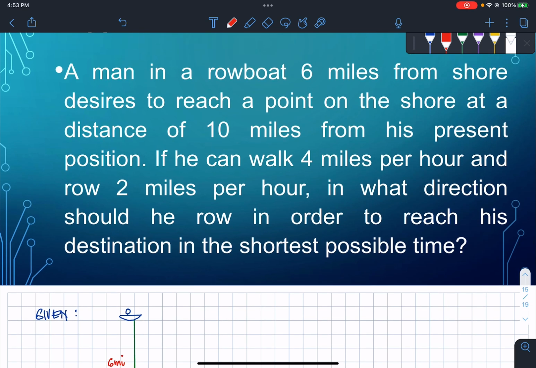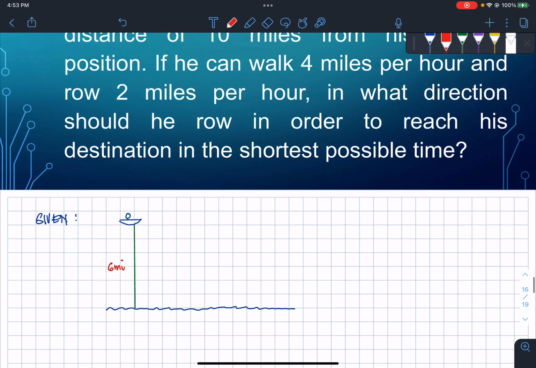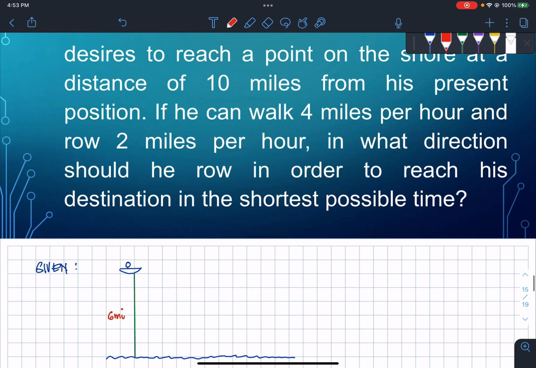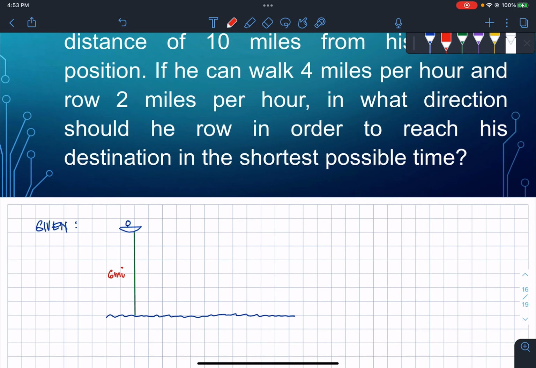And he desires to reach a point on the shore at a distance of 10 miles. Currently he's 6 miles from the shore, and he wants to reach another point on the shore, which is 10 miles from his current position.